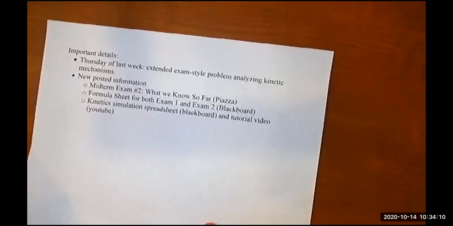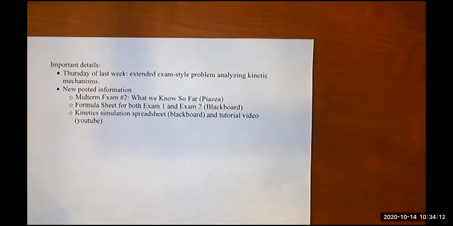Some important details. In case you aren't aware of it, on Thursday of last week, I went through an extended exam-style problem analyzing kinetic mechanisms. It is probably worthwhile to take a look at that to see the kinds of things that could be done with a kinetic mechanism in an exam-style question.